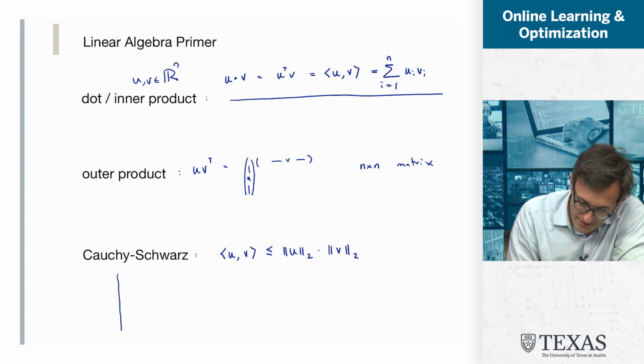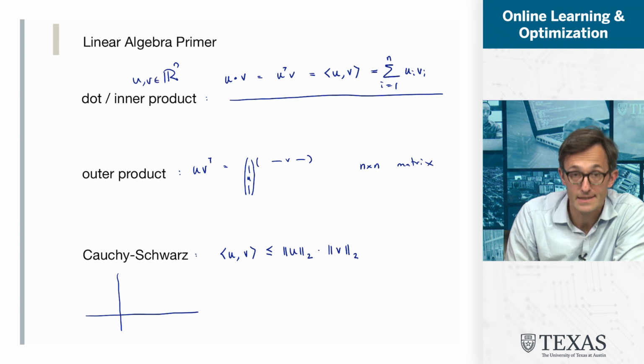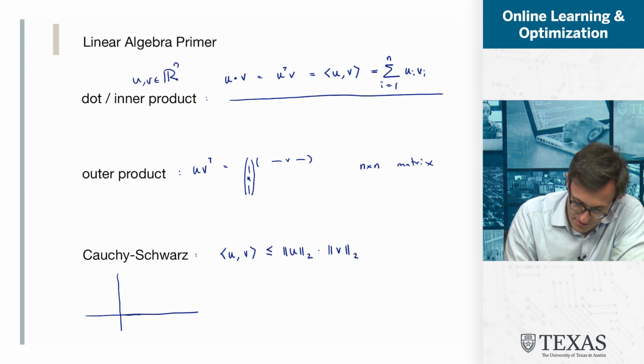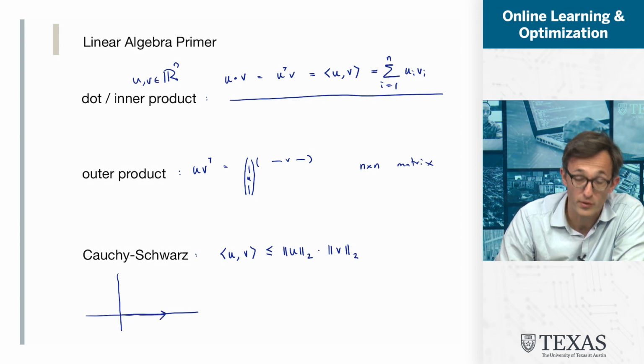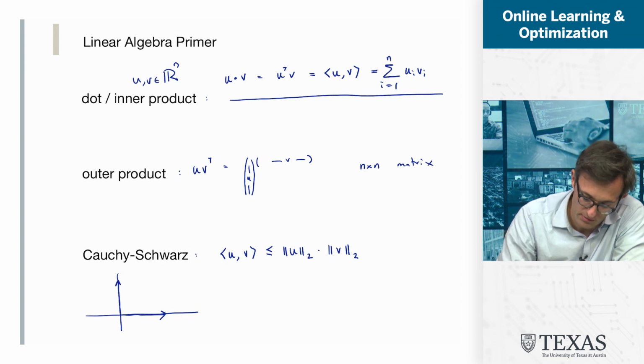And let's do this with an example. So let's take the easiest two vectors that we know. A vector along what we like to call the x-axis and a vector along what we like to call the y-axis. So let's call this vector here 2, 0, and this vector 0, 2.